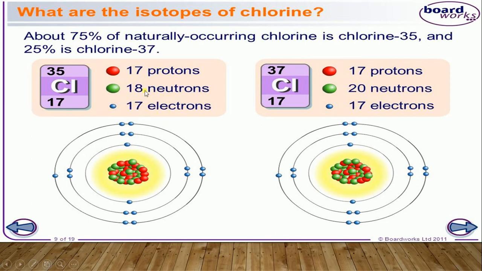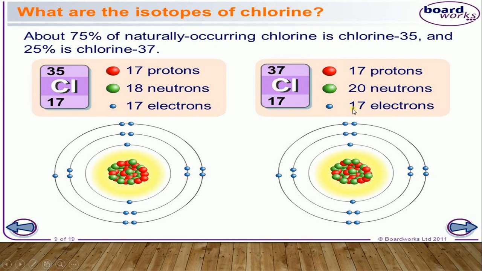Chlorine-35 has 18 neutrons and chlorine-37 has 20 neutrons. So they differ in their number of neutrons. That's why their masses are different. 17 plus 18 is 35. 17 plus 20 is 37.